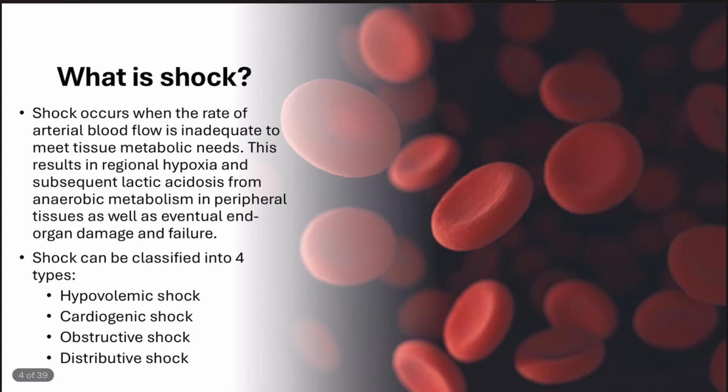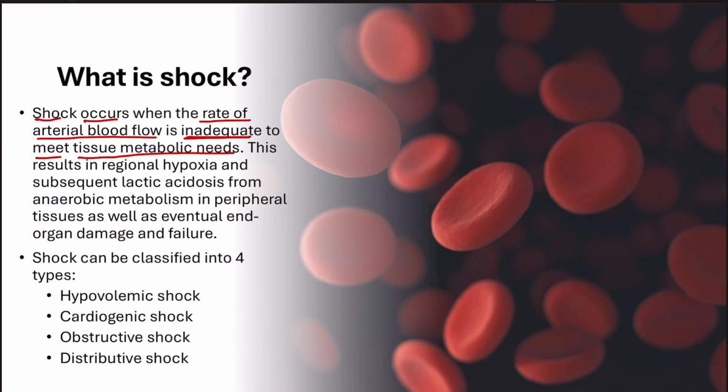So what is shock? Shock occurs when the rate of arterial blood flow is inadequate to meet the tissue metabolic needs. That is, the arterial blood flow is inadequate to meet the metabolic needs of the tissue.